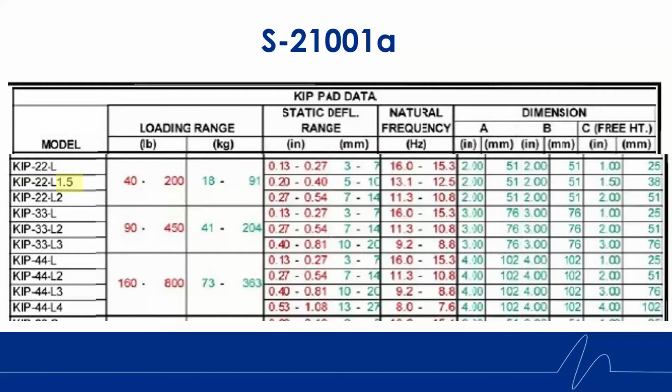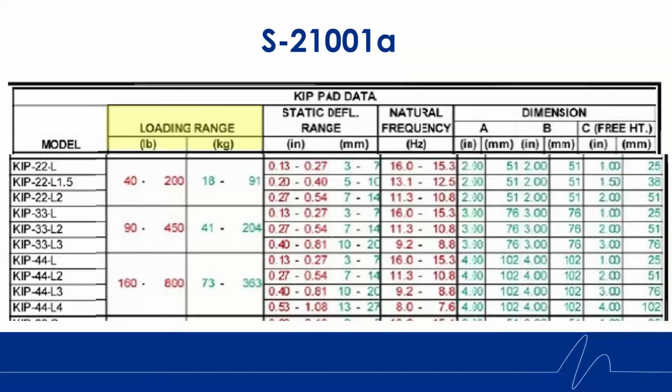As you can see on the next model, the height is 1.5, and we can see in column C that it is 1.5 inches tall. Here is one example of how KIPs can come in different lengths, widths, and heights. But remember, the isolator cannot be taller than it is wide.